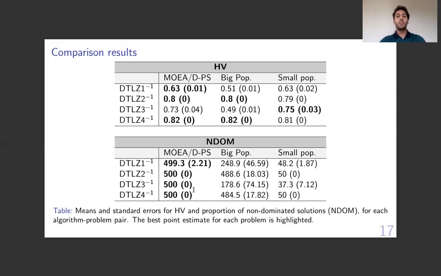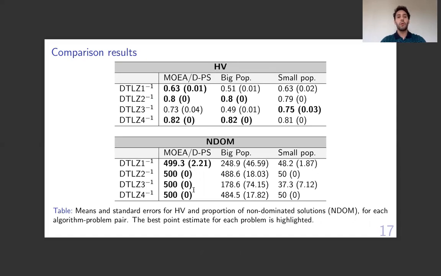In terms of final results and hypervolume values for the inverse DTLZ1, 2, 3, and 4, we can see that MOEAD PS is the best in 3 out of the 4 functions. In the DTLZ3, it's not the best, but its performance is very close to the performance of MOEAD with a small population. We can see that it has more stable results.